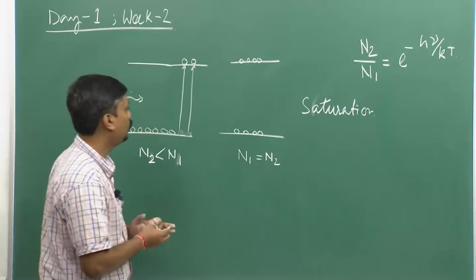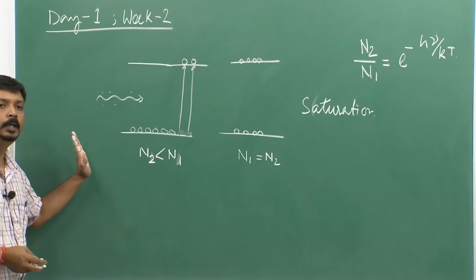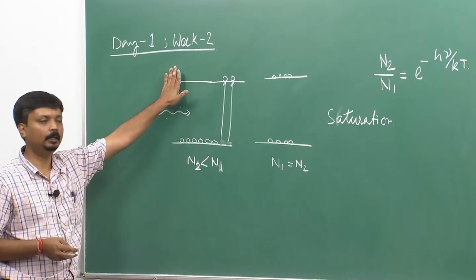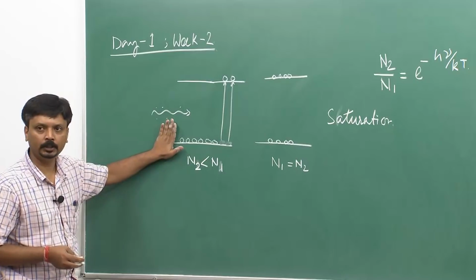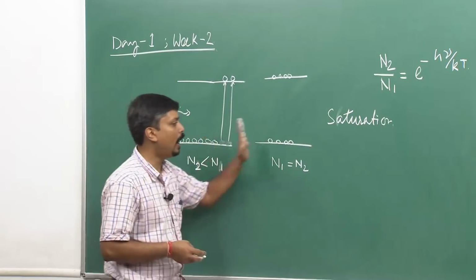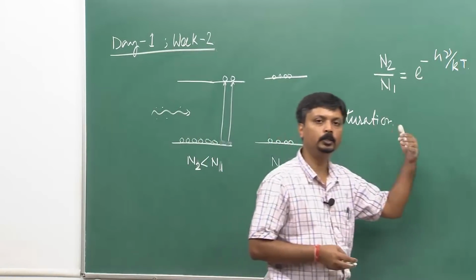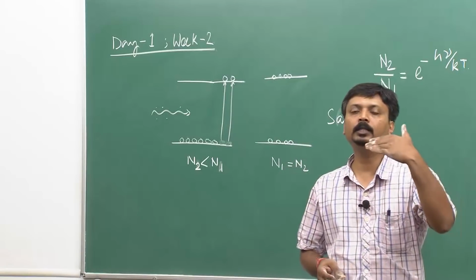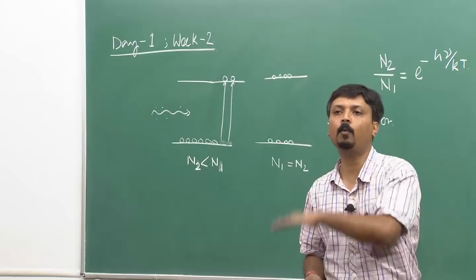So, I want to actually invert the population. This is my equilibrium population distribution, and I want to invert it so that now state 2 contains more atoms than state 1.